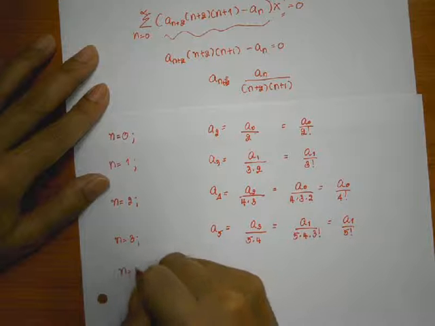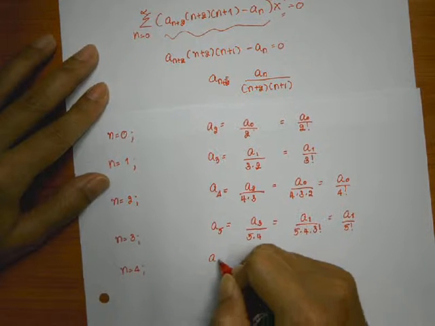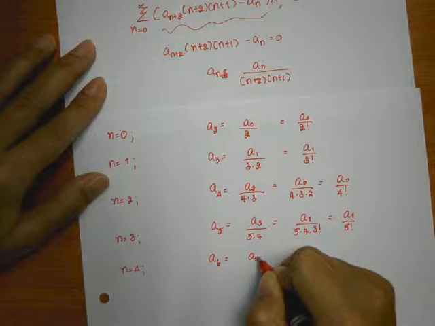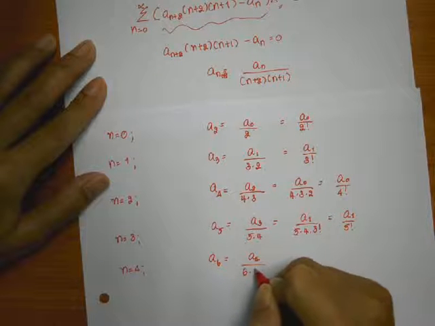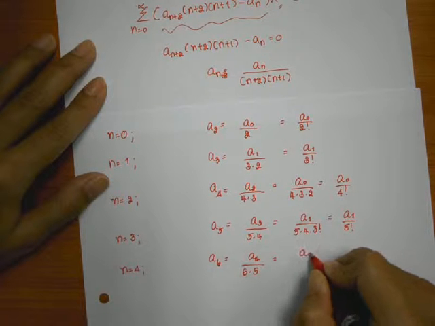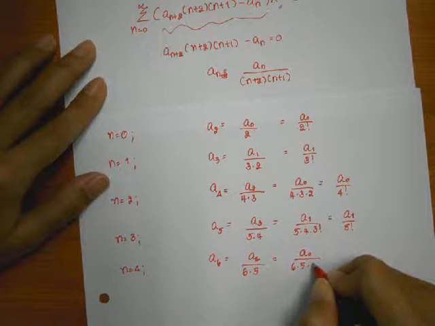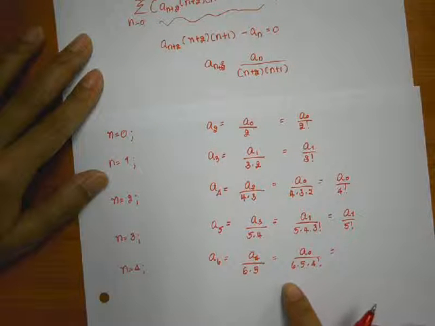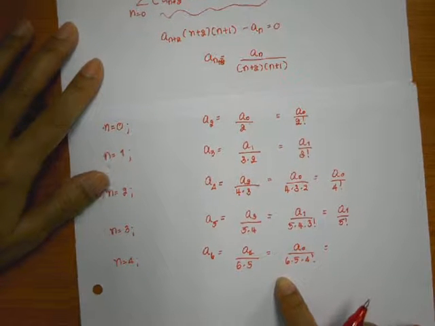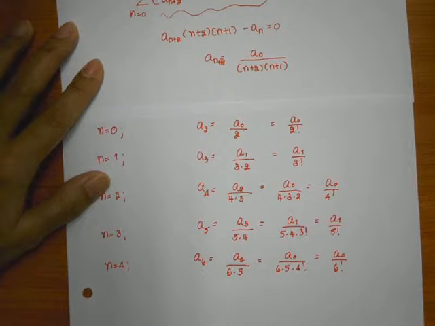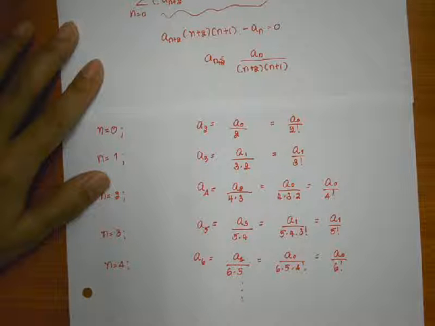N equal to 4, a6 equal to a4 divided by 6 times 5. But a4 is equal to a0 divided by 4 factorial. 4 factorial times 5 times 6 is equal to 6 factorial. And so on.